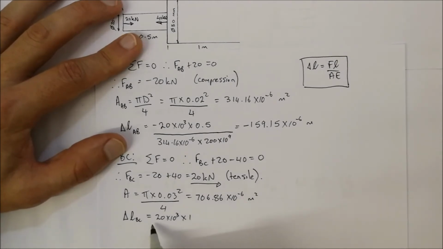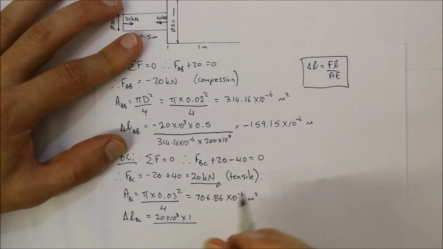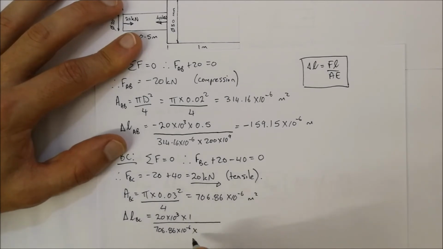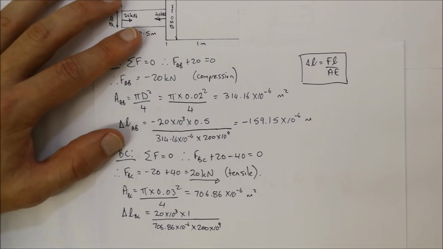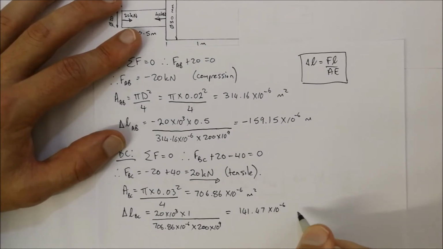Then we're going to divide that by the area of BC we've calculated, which is 706.86 times 10 to the minus 6, multiplied by E, and E we are told is 200 gigapascals, so that's 200 times 10 to the 9. Then we get a final answer of 141.47 times 10 to the minus 6 meters.